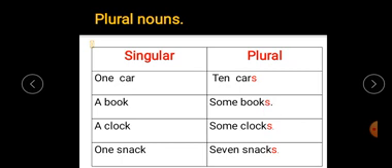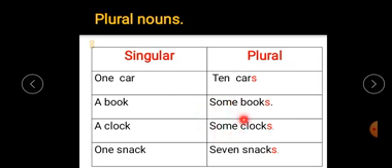Let's move on to the next word. A clock. Sorry for rushing the word. These words are very, very easy to blend, okay? Just take the sounds one after the other and string them together. Clock. A clock. Some. S-O-M-E. Some.